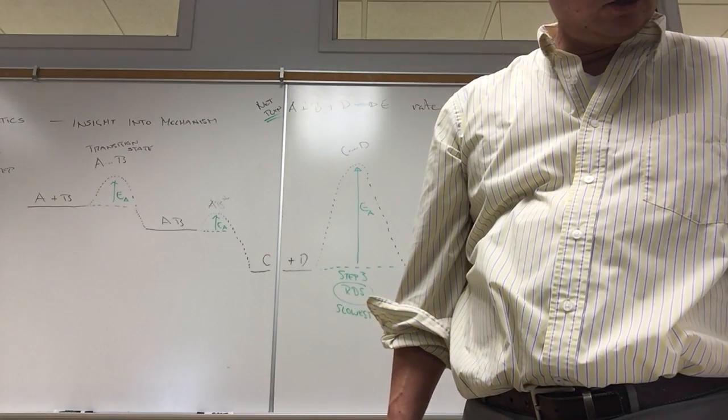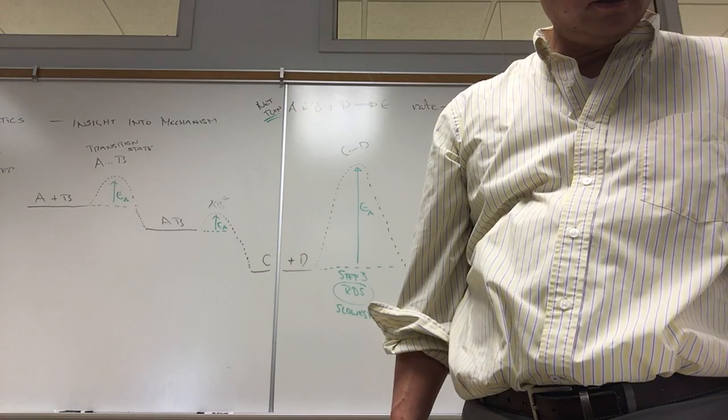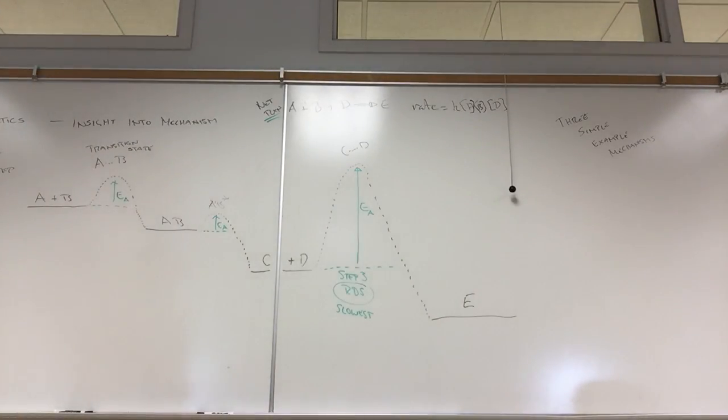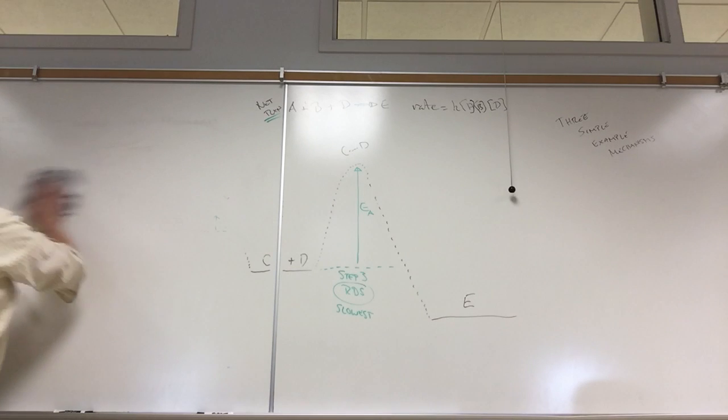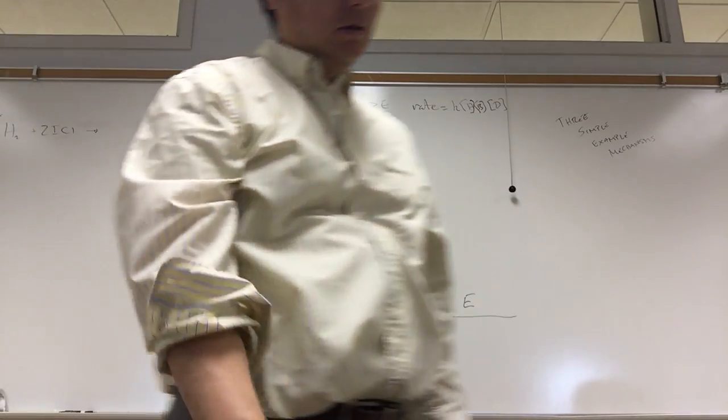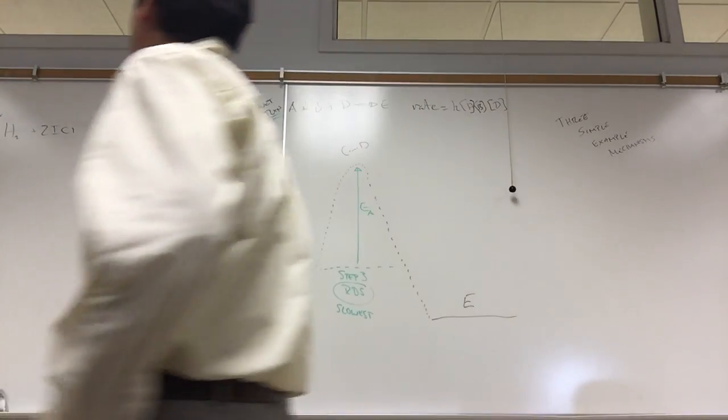H2 plus 2 ICl yields I2 plus 2 HCl. So let me write that over here. H2 plus 2 ICl yields I2 plus 2 HCl.